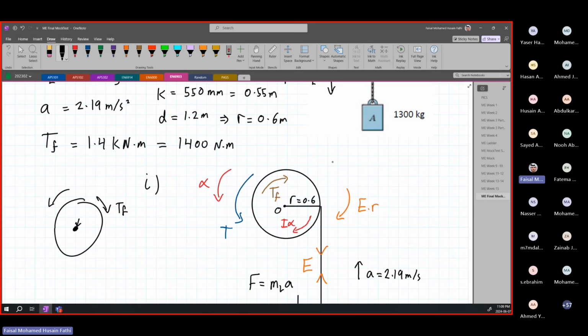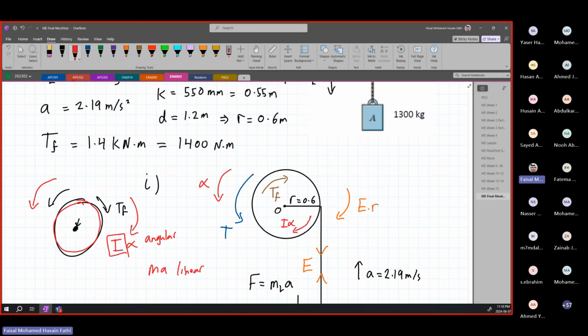I alpha is due to the acceleration. Because this is accelerating in this way, the weight of this drum, the actual weight of this drum, is trying to resist the motion. So that is going to be in the opposite direction, which is known as I alpha. This is similar to MA in terms of linear motion, but for angular it is going to be I alpha, where I is your moment of inertia.